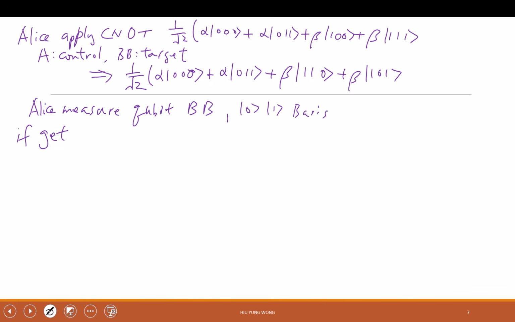So it will collapse to what? If she gets 0, the wave function becomes what? We are talking about the middle qubit becoming 0, right? So the wave function becomes alpha 000 plus beta 101, because this is 1 in the middle. These are all gone, right?